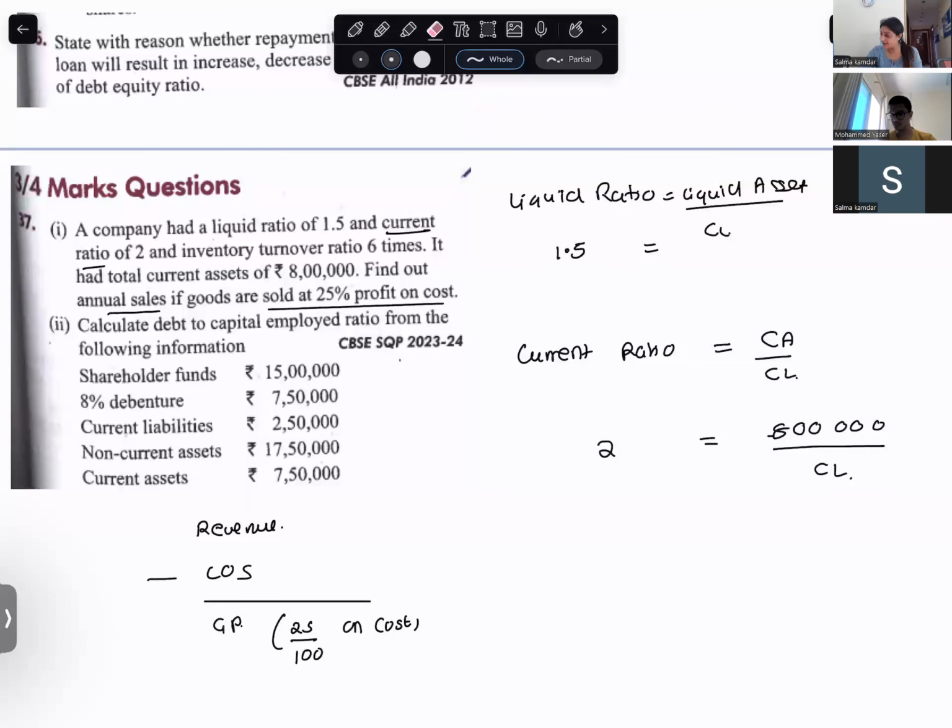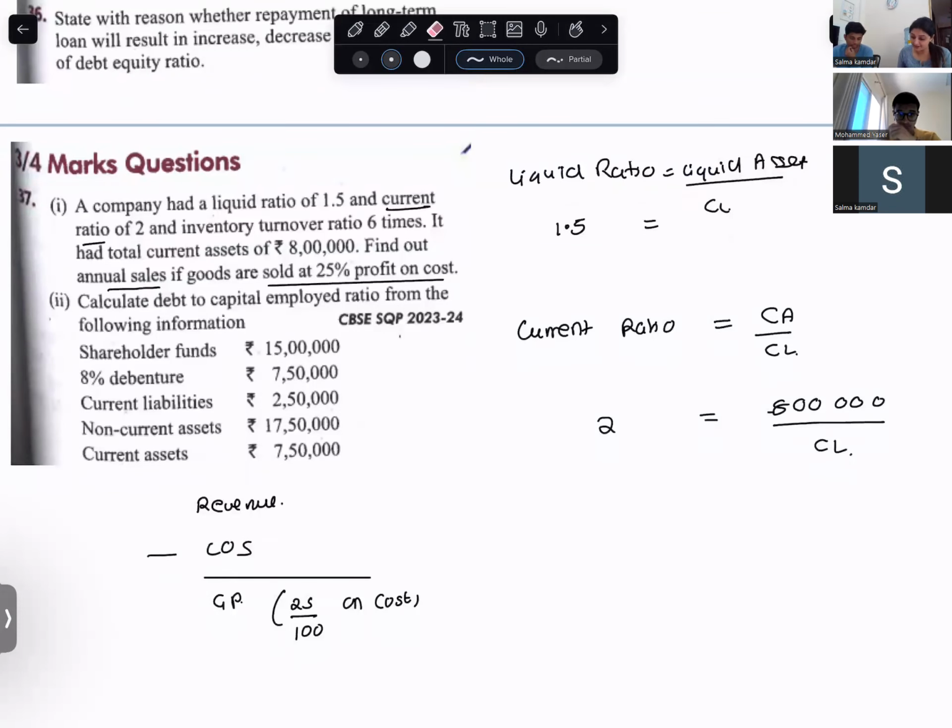So we have liquid ratio as 1.5. Liquid ratio is liquid assets upon current liabilities. I have current ratio, current assets upon current liabilities. Current ratio is given to me as 2. So I can find my current liabilities.